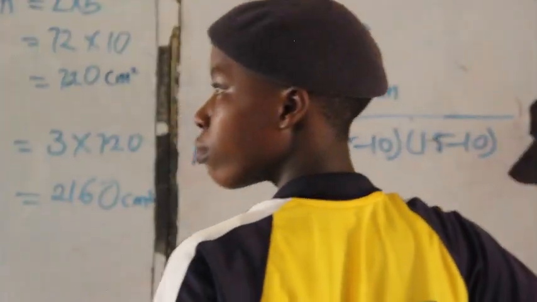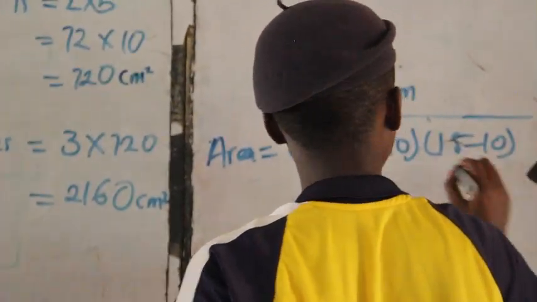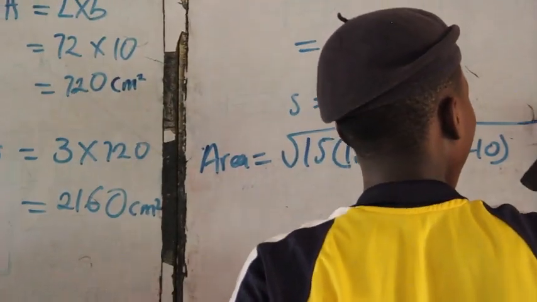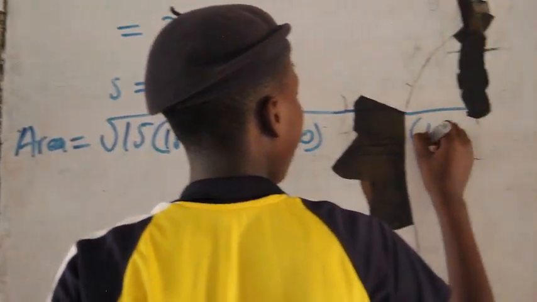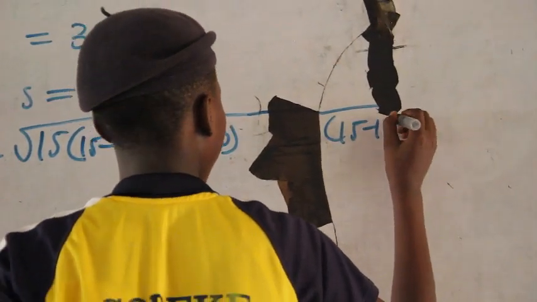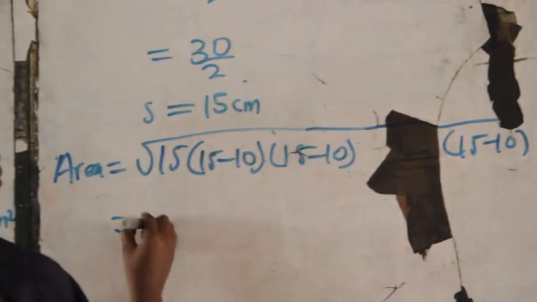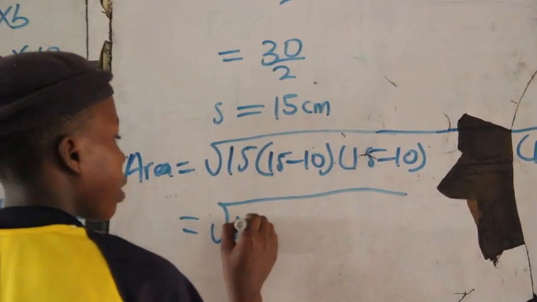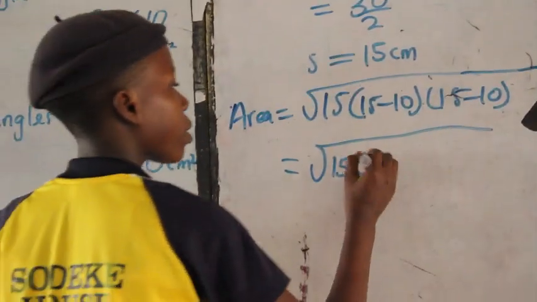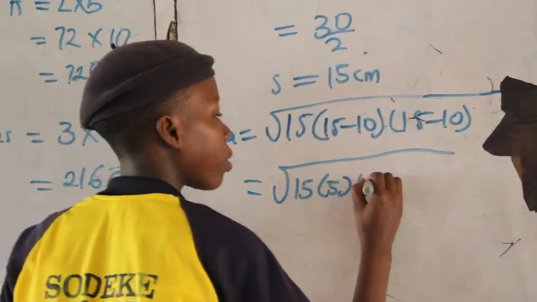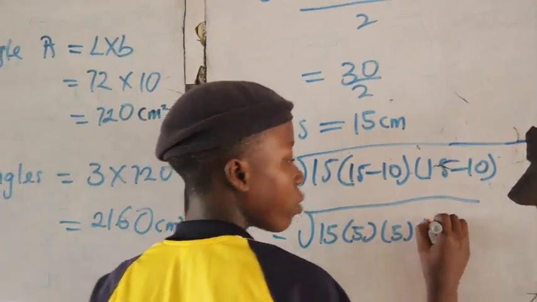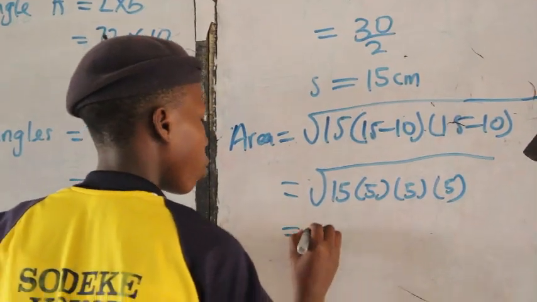There's no space to write that. Okay, you can jump to the other side. Just extend it. Bracket 15 minus 10 for the C. And it's going to be root 15, 15 minus 10 is 5, 15 minus 10 is 5, and 15 minus 10 is 5. So now, what is the product?